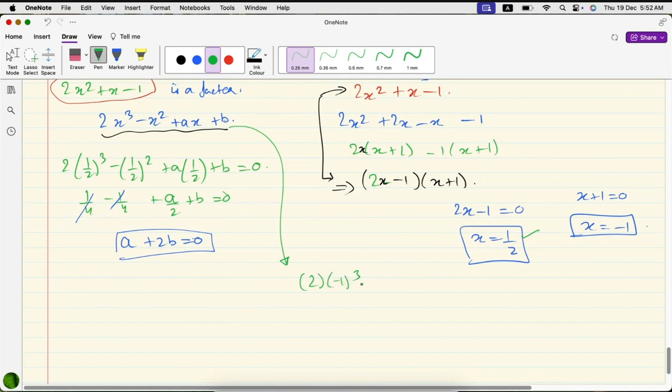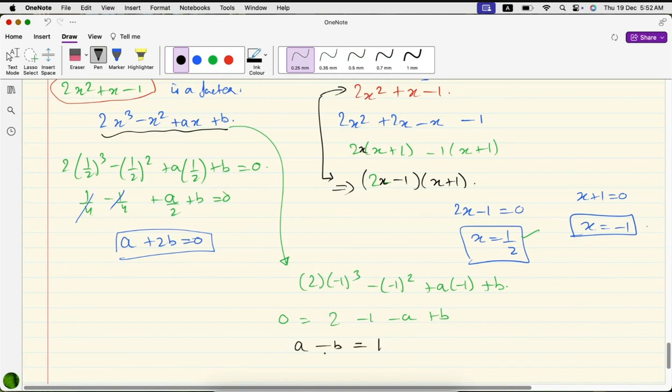2 into minus 1 cube minus minus 1 square plus a into minus 1 plus b. That's 2 minus 1 minus a plus b equals to 0. 2 minus 1 is just 1.